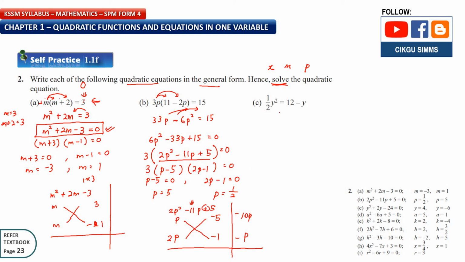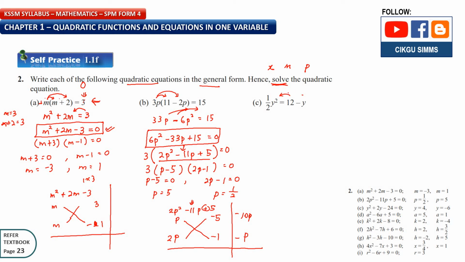Okay, let's go to the second one. We need to write in the general equation. So this one is your general equation. And for this one, you need to rearrange.